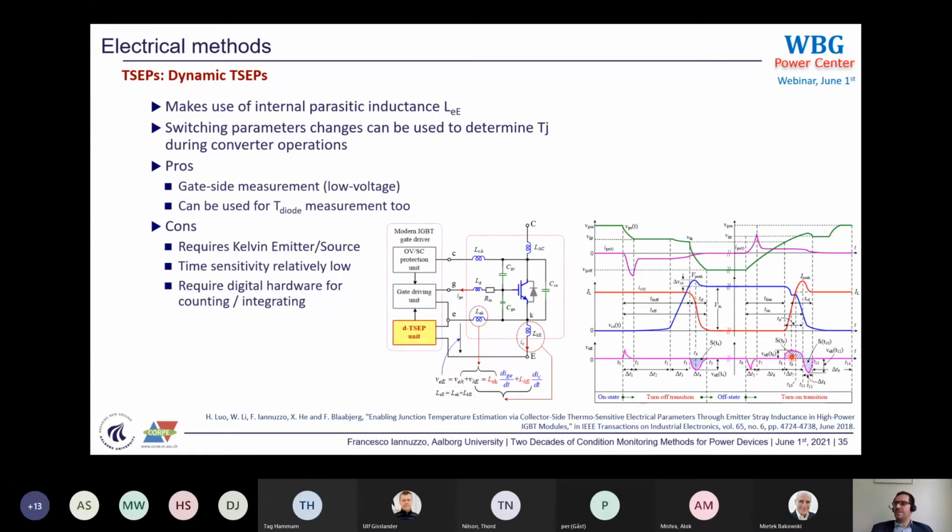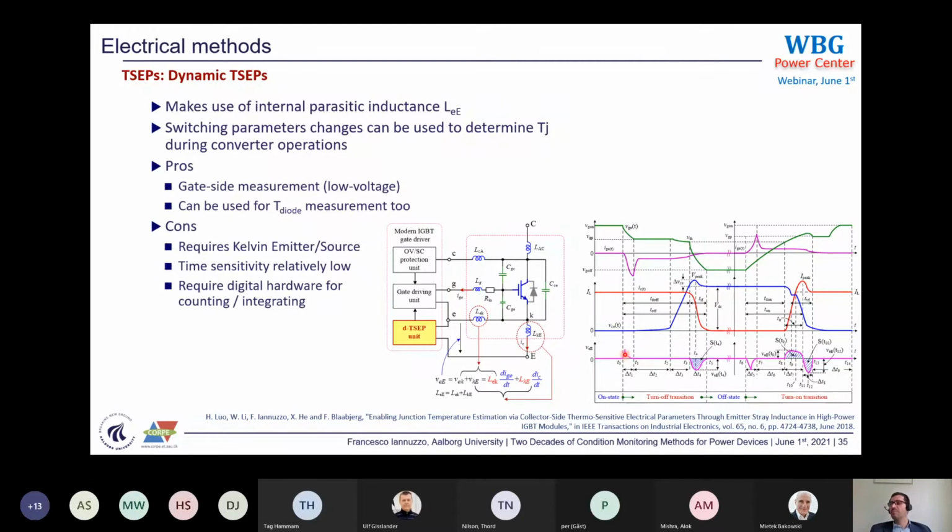What is very interesting is that if you have, for example, T off time, which is the time between the gate peak and the real turn off instant, and this turn off time is dependent on temperature, which actually it is, then you can easily measure the delay between this peak and this peak, and you can infer what the temperature was.